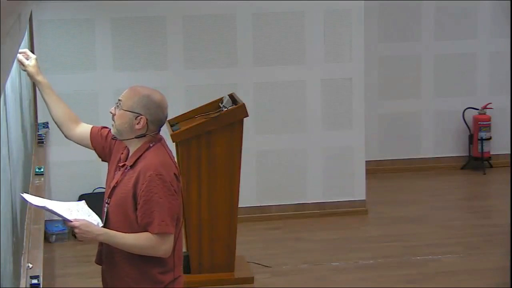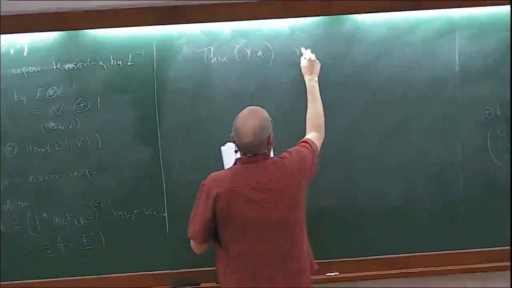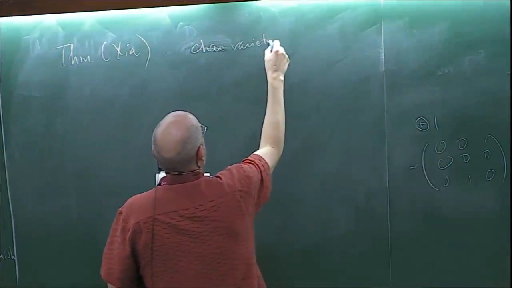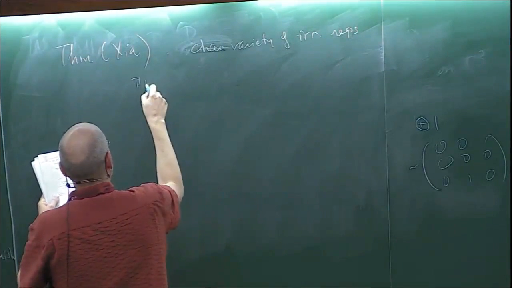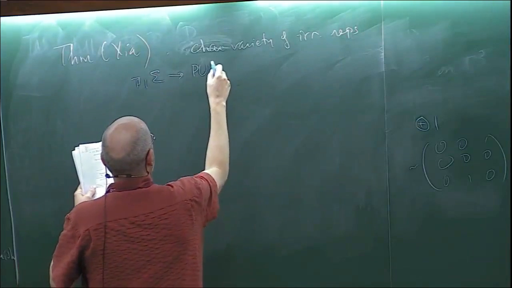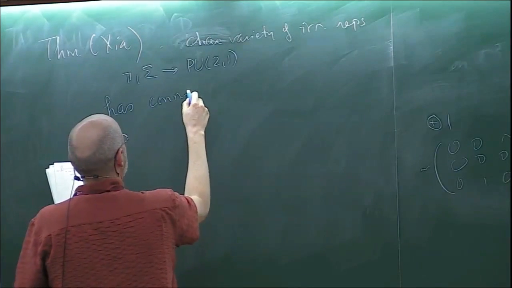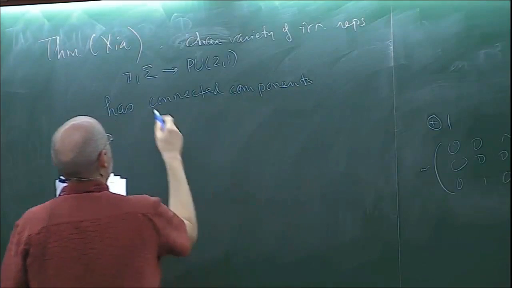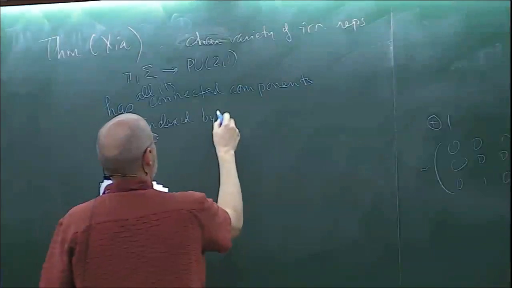There's a theorem of Jia, who will say that the character variety of irreducible representations of pi 1 of sigma into PU(2,1) has all its connected components indexed by the Toledo invariant.